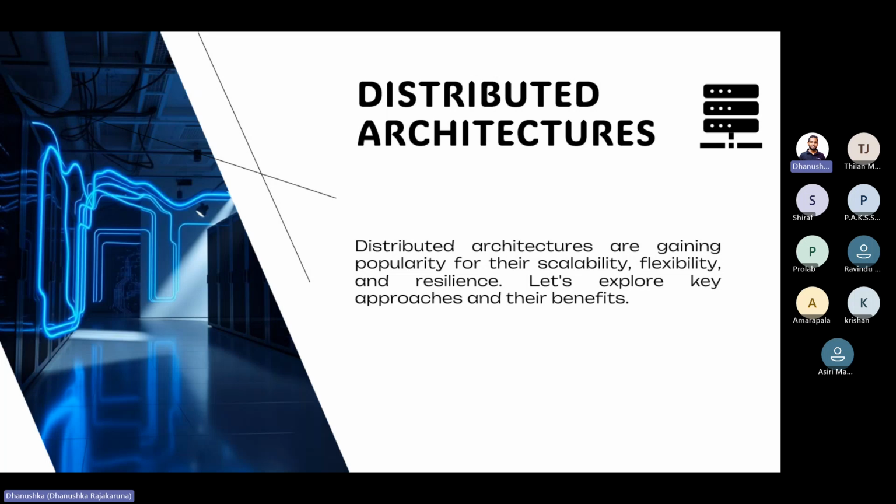Then cost efficiency: resources can be scaled dynamically, ensuring systems only use what they need, so the cost will be reduced. Now the challenges of the architecture. As the name shows, distributed, the complexity of this architecture is a little bit high.